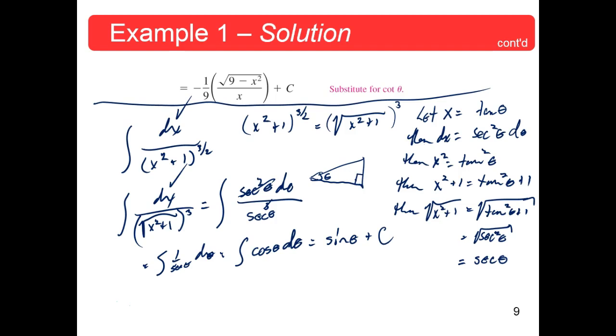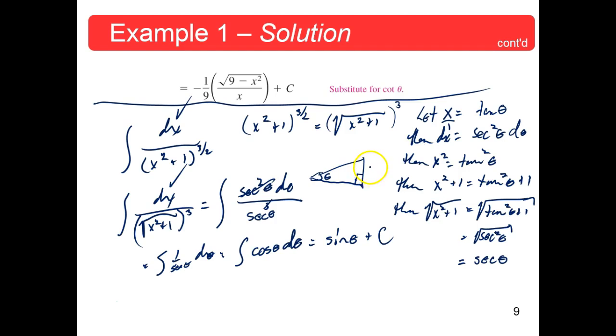What is, if that's our triangle and tangent theta is equal to x, what is tangent theta in terms of the sides? X squared plus 1. It's what? X squared plus 1. What is it? Okay. Does this help to put it over 1?